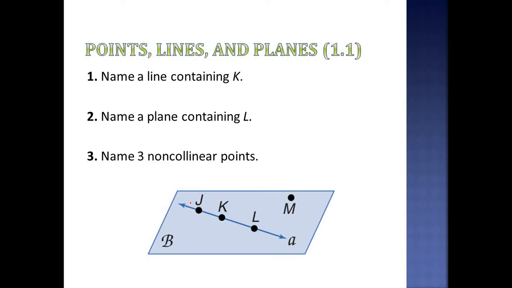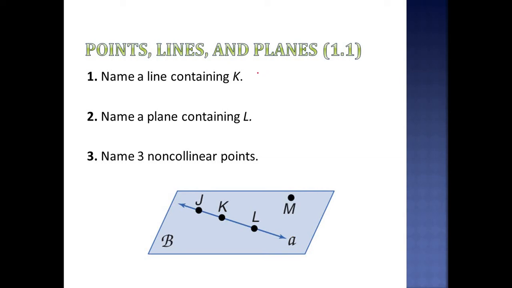First off, let's look at this diagram here. All right. We're going to name a line containing point K. There's multiple correct answers to this. There's actually, I think, 7 correct answers to this. So you can name it one of 7 ways. Remember, we can name lines using points, or we can name it using a lowercase script letter.